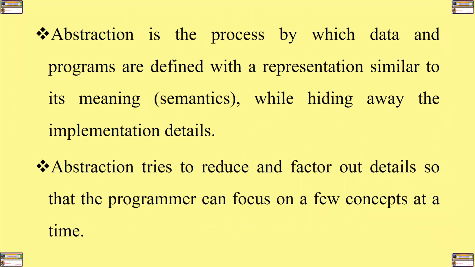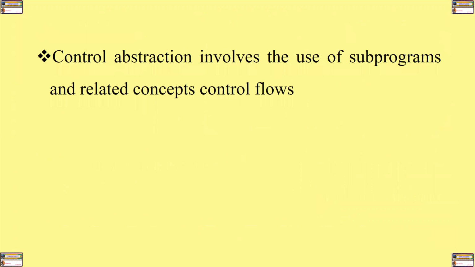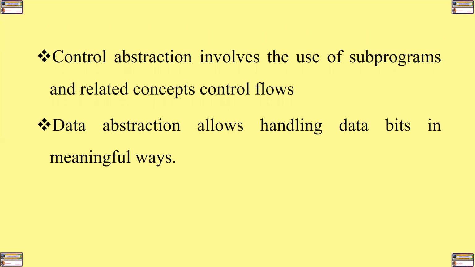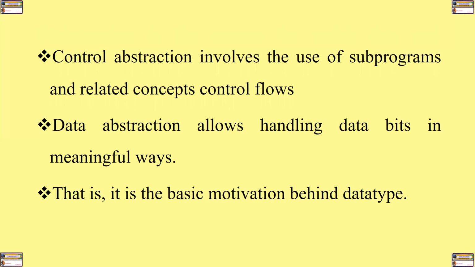Abstraction tries to reduce and factor out details so that the programmer can focus on a few concepts at a time. Control abstraction involves the use of subprograms and related concepts, control flows. Data abstraction allows handling data bits in meaningful ways.